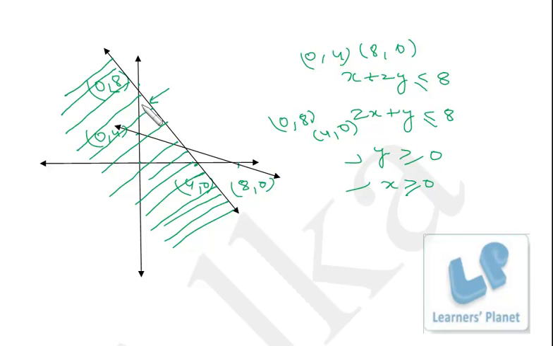And the other is x plus 2y equal to 8. So that is this line. I just change the color. We want x plus 2y less than 8, so the region will be this.